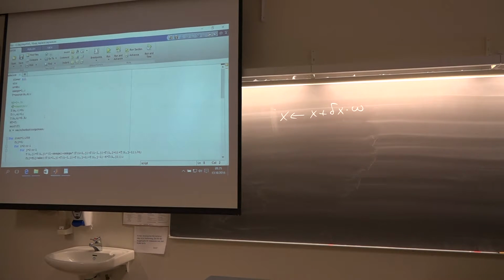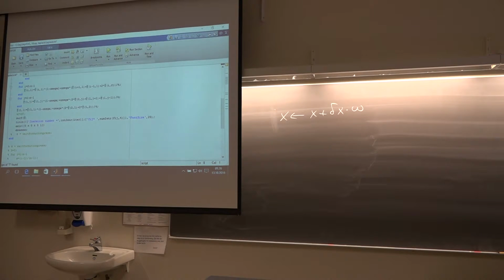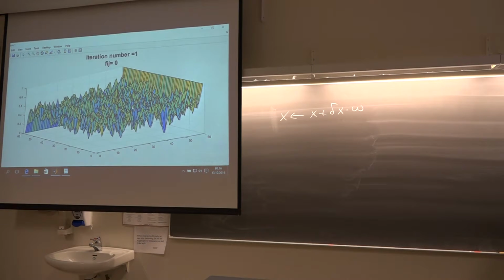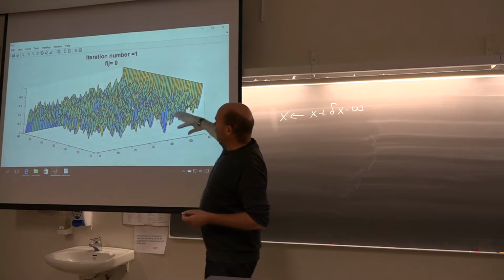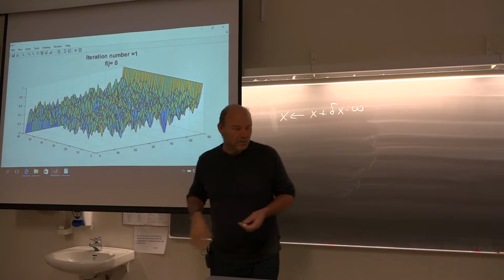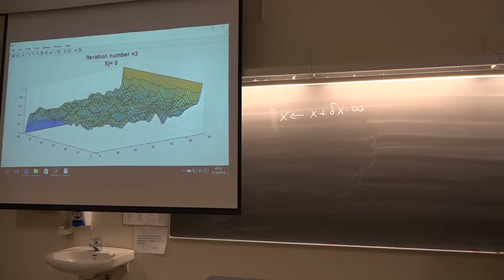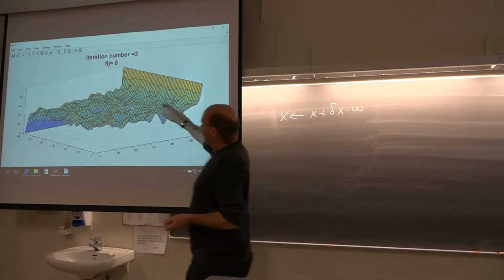So let's go back here, and we make a pause here. Initially, this is what we start with. Now you do one iteration. And you see, with only one iteration, we have reduced a lot of this high frequency noise. If we do a couple more, we have reduced a lot of this high frequency noise.